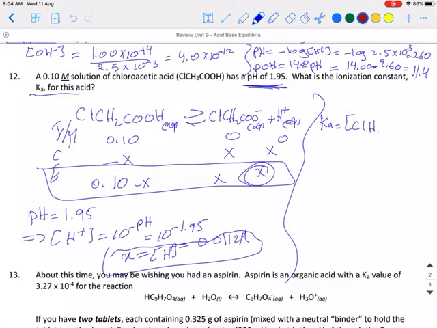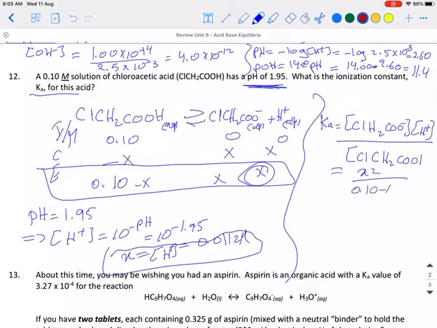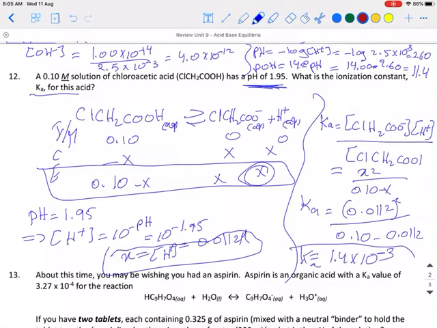Now, at equilibrium, the constant of acidity is the concentration of ClCH2COO minus times H plus, all divided by the concentration of ClCH2COOH, which is X squared over 0.10 minus X. X I already found, so we substitute 0.0112 to the power of 2 over 0.10 minus 0.0112, and the value after calculation for Ka will be 1.4 times 10 negative 3.